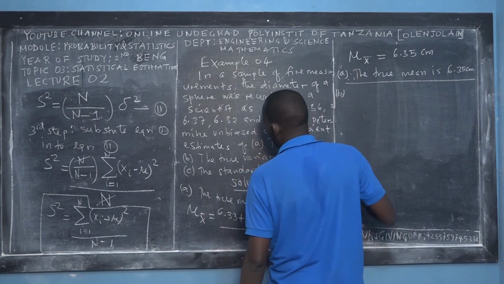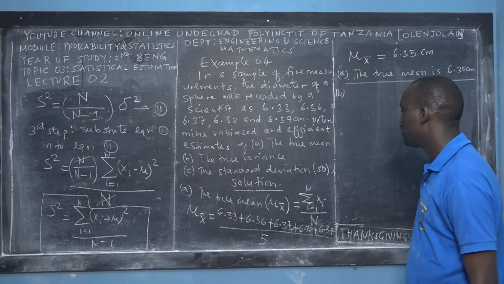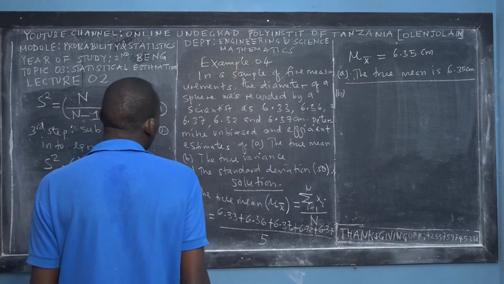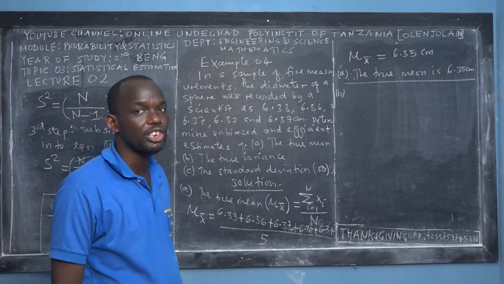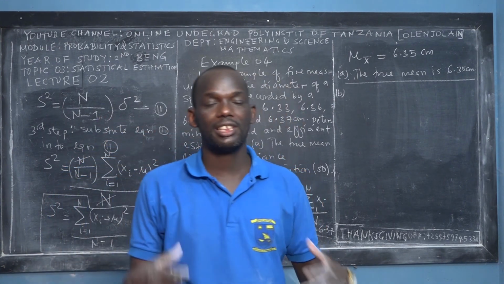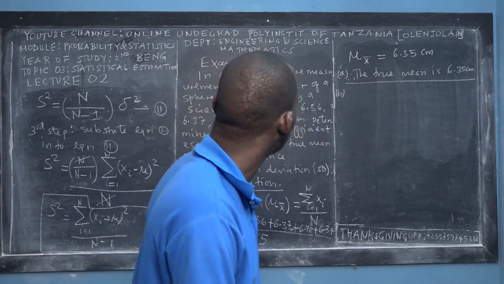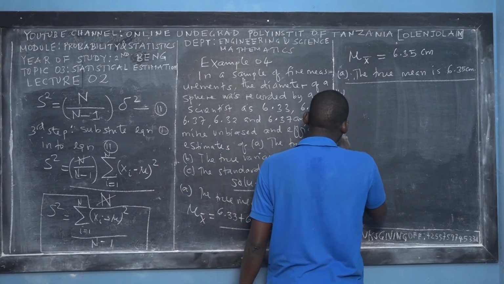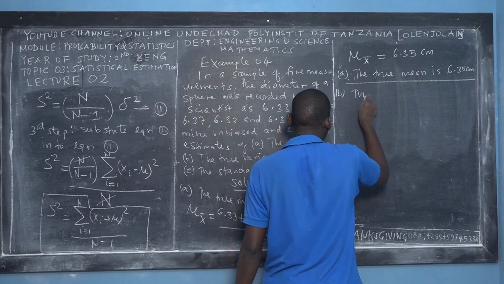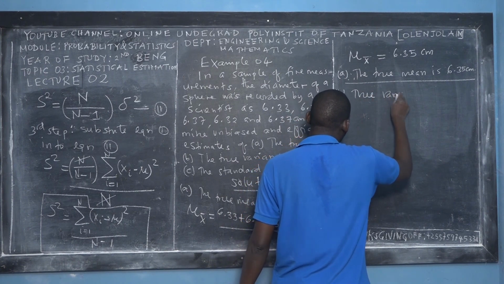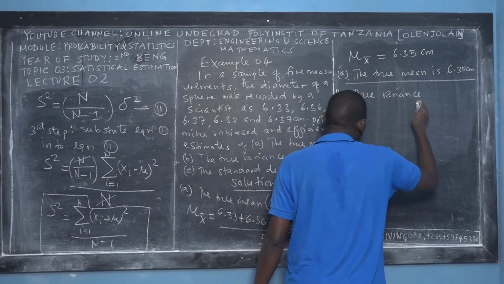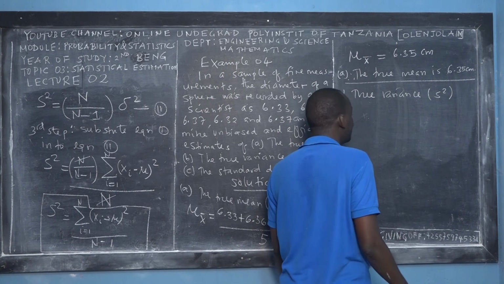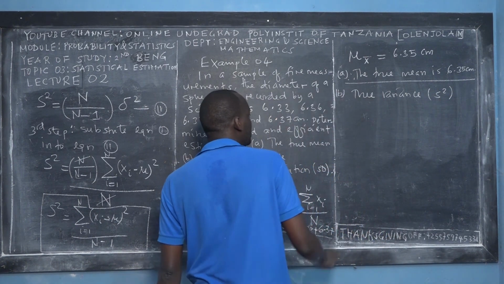Then we go for Roman B. Roman B is the true variance. True variance means that it's the variance of the sampling distributions of the means, that is, the variance of the sample mean. So for this case, we have to remember the formula. It means you have to determine the statistical variance.